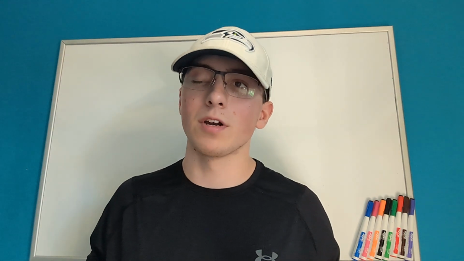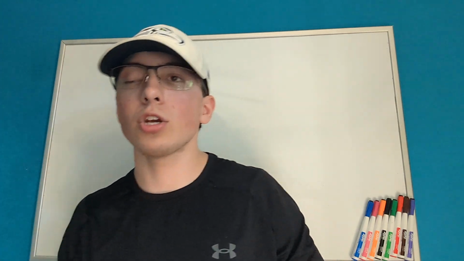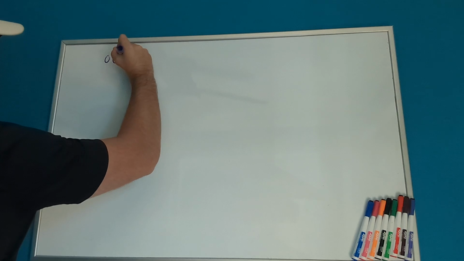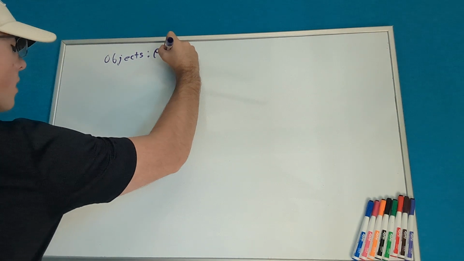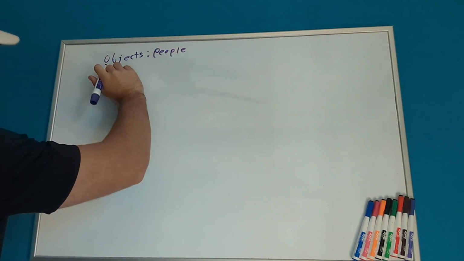So the first thing that we want to do when proving this is define our objects and our boxes. So our objects will be people. I know that sounds bad to say, but that will be our objects.